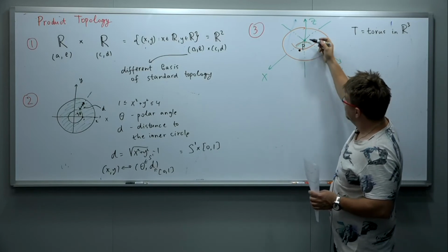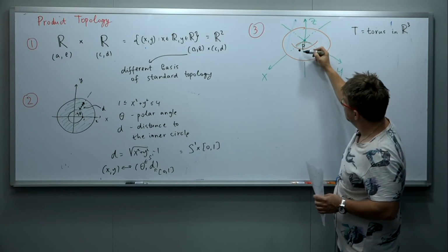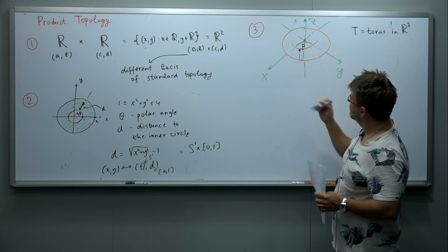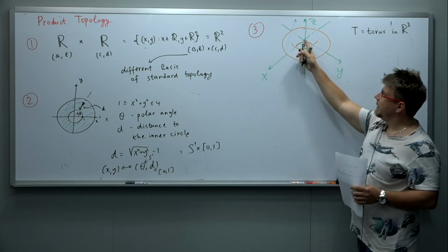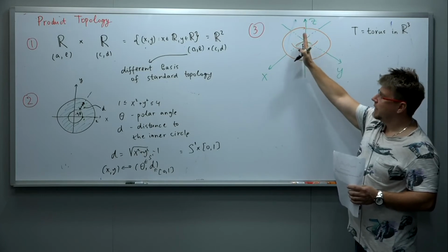So then what we can always do, this point P belongs to this circle. Imagine that you have a plane that passes through P and through the origin, and the plane is exactly vertical, right?